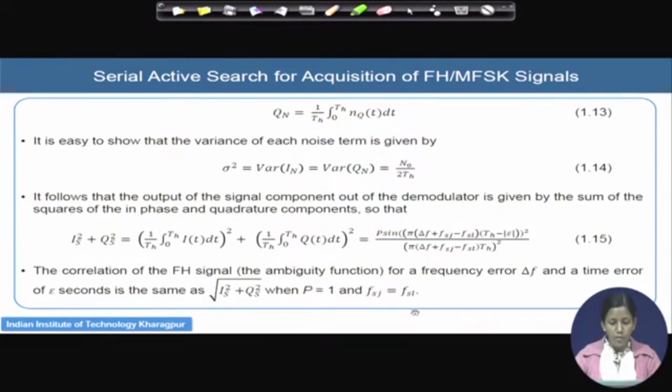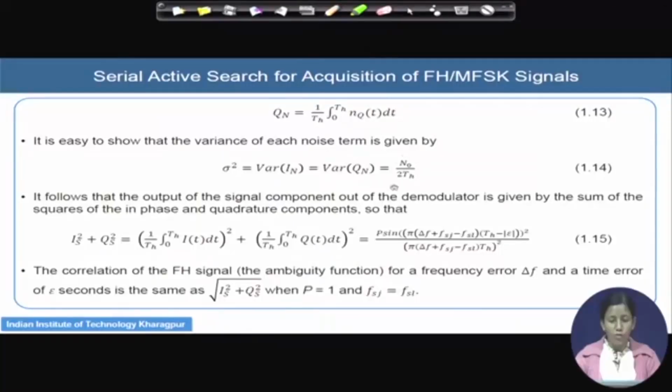If we do the same for the I and the Q phase, we will find that the variance can be easily calculated, and both the variances for the two paths will be equal and given by eta 0 by 2 by Th, where eta 0 by 2 is the two-sided power spectral density of the white Gaussian noise, and Th is our hopping duration.